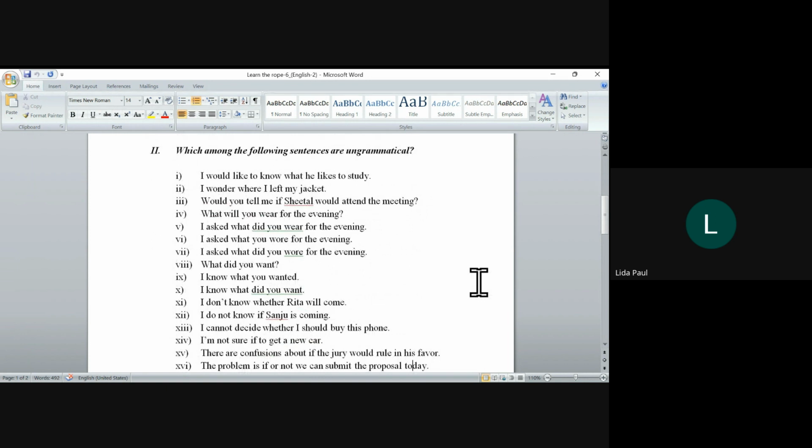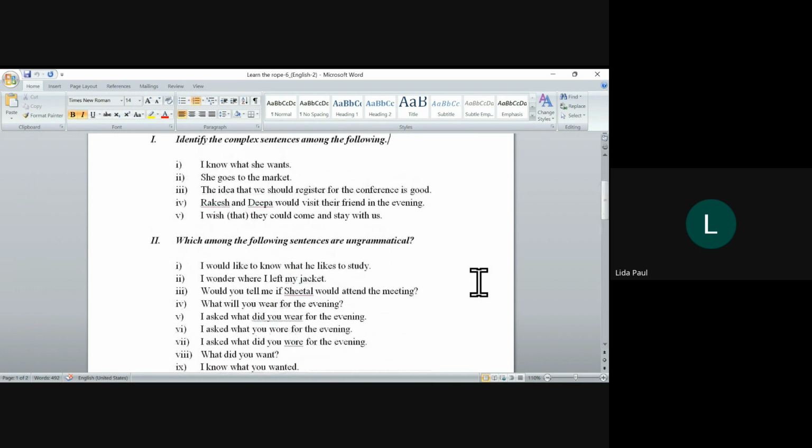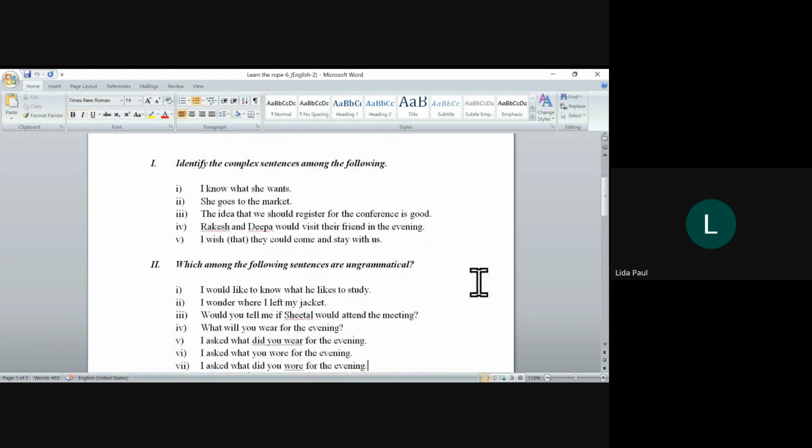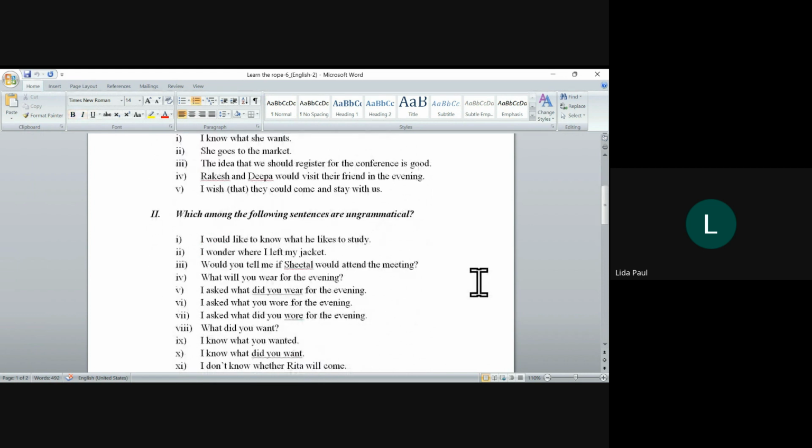This is the main one, right? So if you look at the title of this particular class, what does it say? Question clause, embedded sentences, question clauses, if and whether clauses, that clauses. So mostly for this class, we're going to discuss the nature of three kinds of clauses: question clauses, if and whether clauses, and that clauses, right?